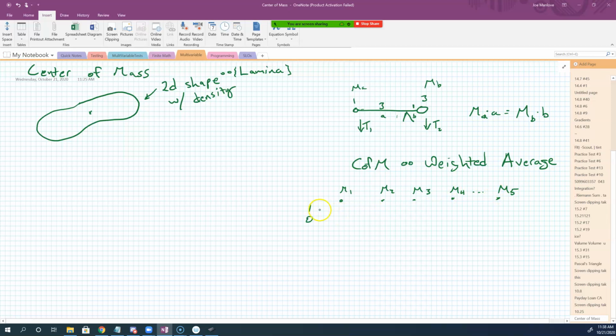And these are at distances X1, X2 to there, X3 to here, X4 to this one. Well, I put dots and then I counted to 5. Whoopsie daisies. So let's call that MN. Put some dots. This one is at XM.